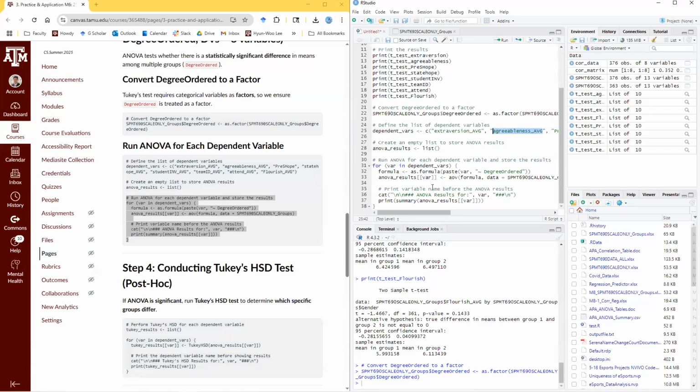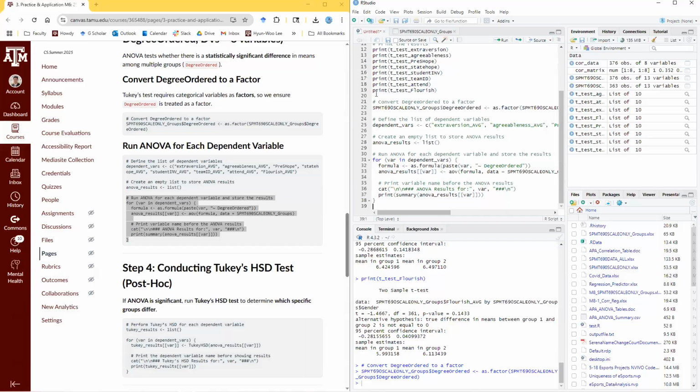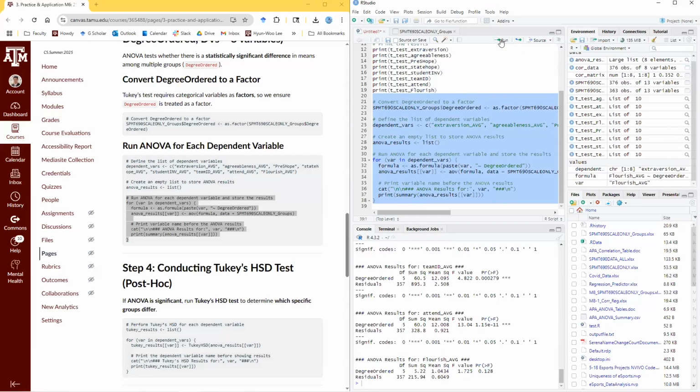And we're analyzing if there's any mean differences there. And then we're asking to print a summary of the ANOVA results that we assigned R to run, right? Analyze. So I'm going to drag all these commands to run the ANOVA and run it.